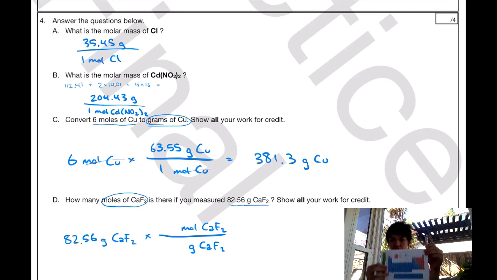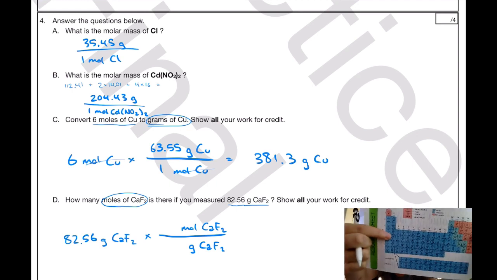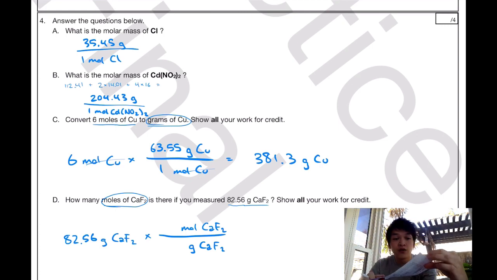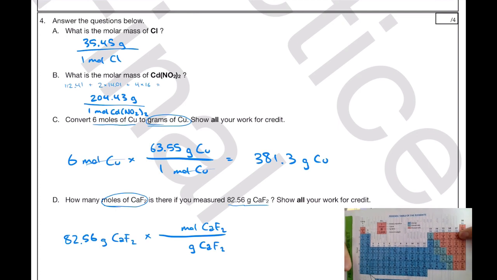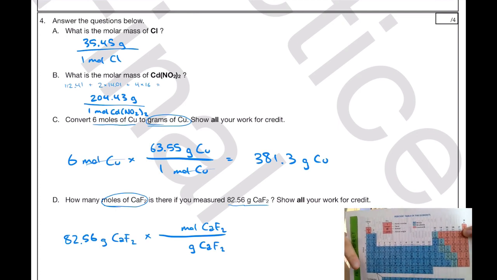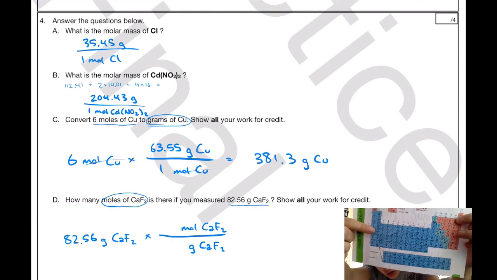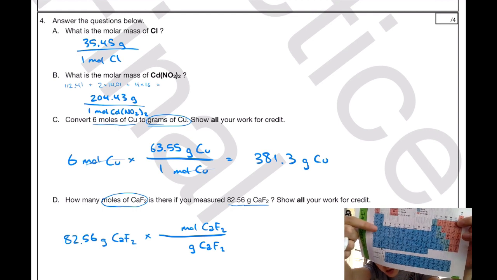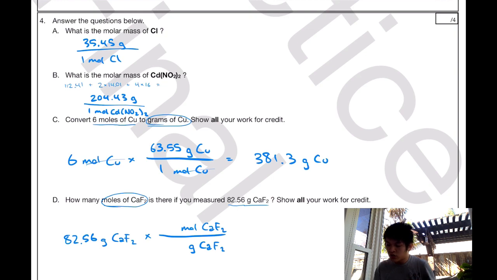So on the periodic table, find calcium, which is right here, 40.08. Find fluorine, which is right here. It's 19 exactly. So notice how we have 1 calcium and 2 fluorines. You have to add up 1 calcium's molar mass and 2 fluorines' molar mass. So just to show you how I add this up, I'm going to do it off to the side.